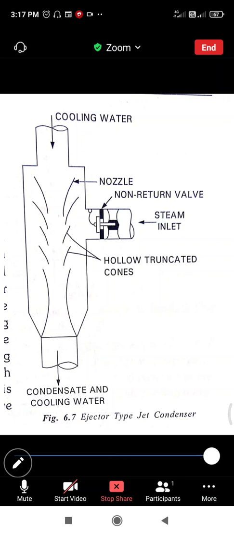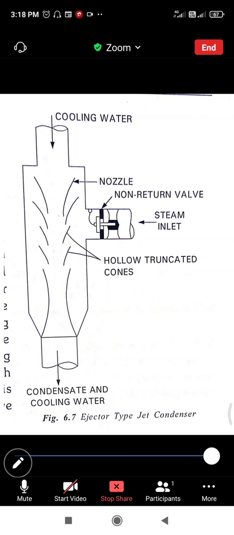The vacuum is further increased by condensation of steam. The mixture of condensate, air and cooling water is discharged through a divergent cone into the hot well. In the absence of cooling water supply, water from the hot well may rush into the engine or turbine. This is prevented by providing a non-return valve in the steam pipeline. This is the working of the ejector type.